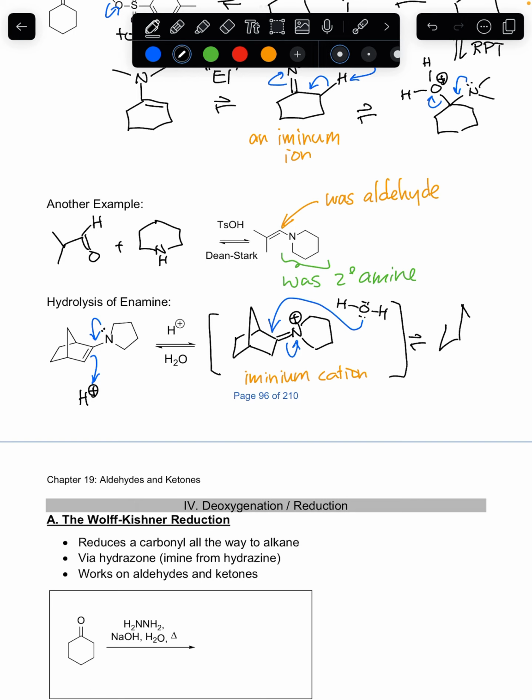And eventually what you would get after the iminium cation hydrolyzes is that ketone and the secondary amine.